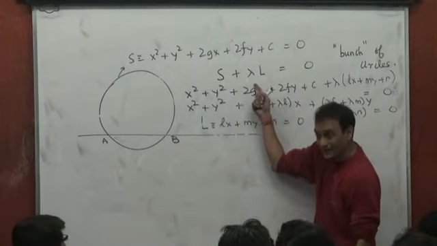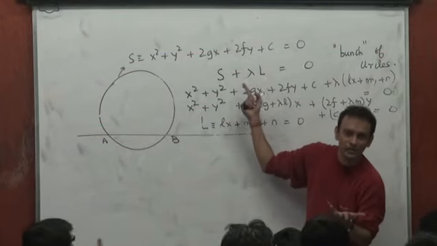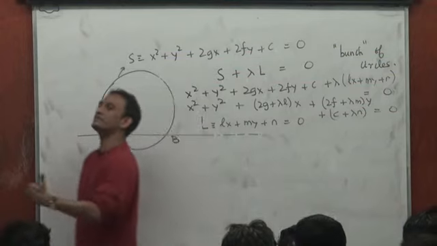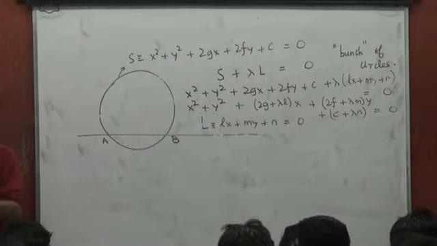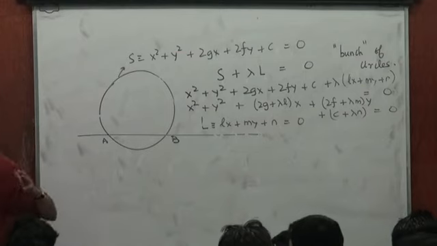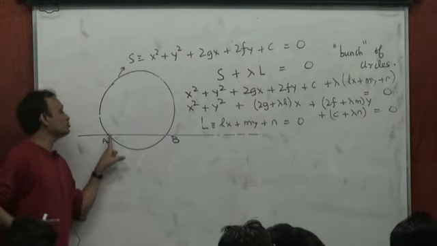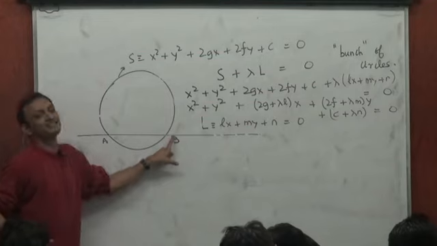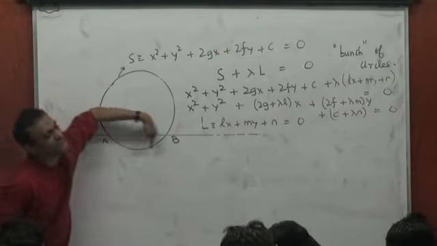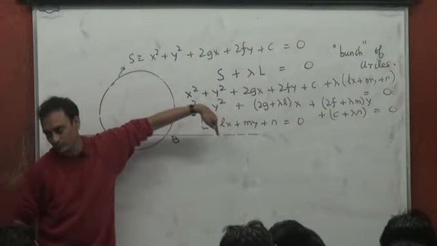Similarly, B will also lie on this circle. So S plus lambda L equal to 0 represents now no longer a bunch, it's a family of circles passing through the intersection points A and B of a fixed circle and a fixed straight line L equal to 0.